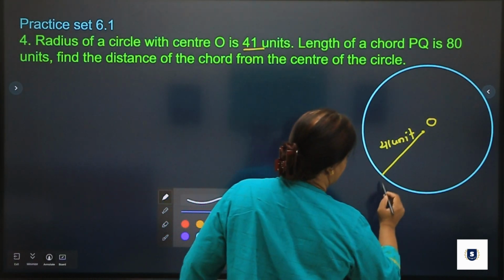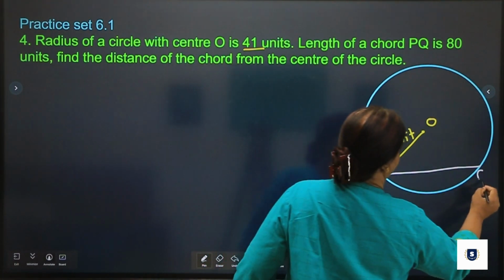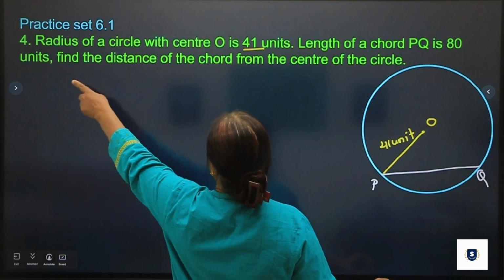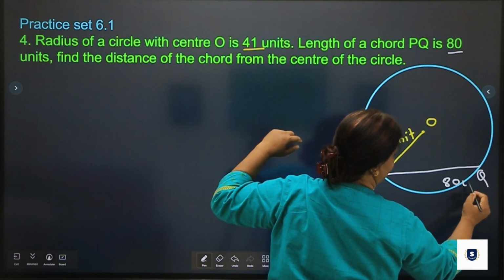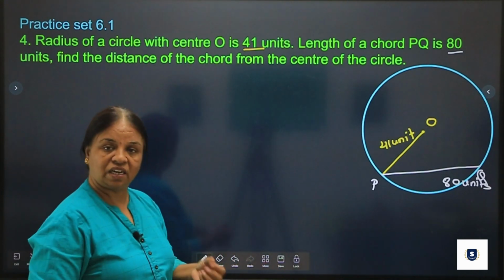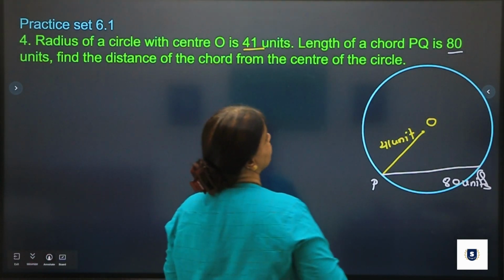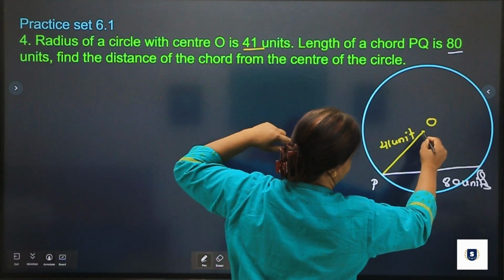The chord is mentioned as PQ, which is 80 units. Units means centimeter, meter, anything it can be. Find the distance of the chord from the center.